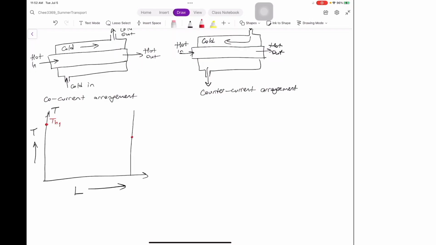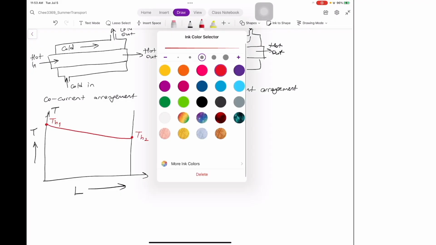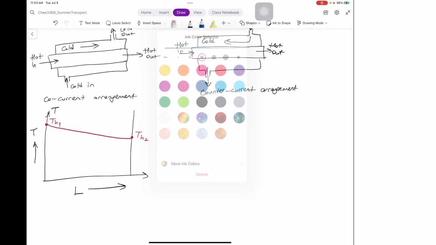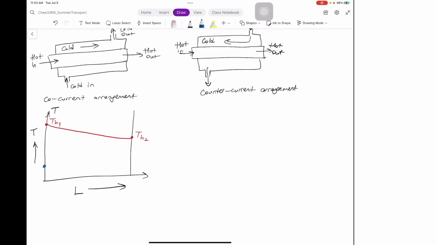And imagine that it's cooling down like this. And let's say this is T hot 2. And the cold one, let's make it blue. Imagine that the inlet cold temperature is T cold 1. And it's going to cool down, cool down, cool down, like this, right?